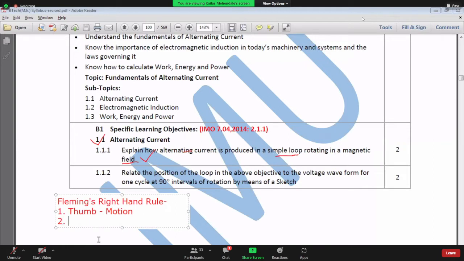This is a very simple way to remember, as it was taught to me by my faculty members some 40 odd years ago: first and fourth go hand in hand, and the remaining middle finger will be the direction of current.